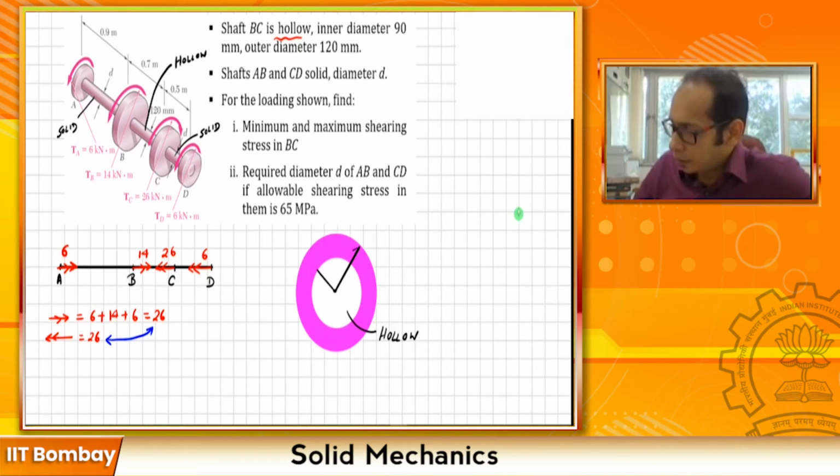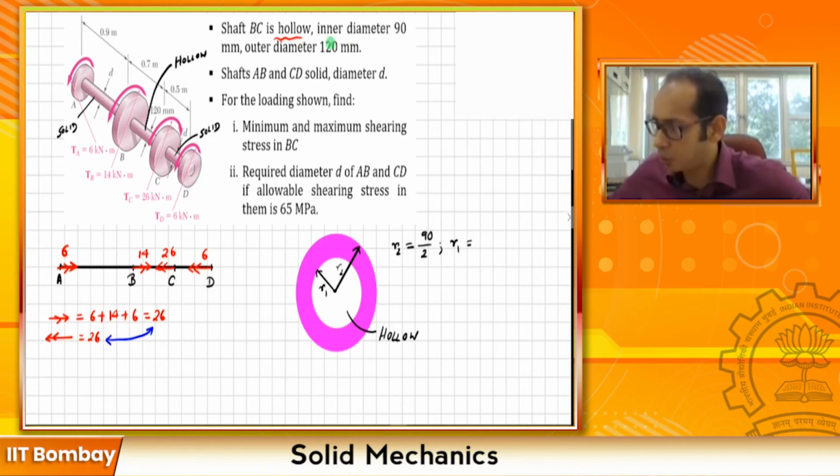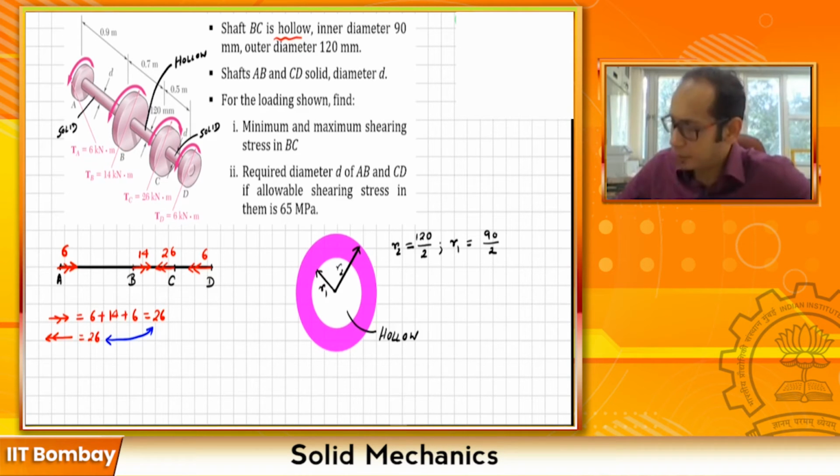Let me mark my outer radius as R2 and the inner radius as R1, where as per the question, my R2 is 90 divided by 2 because the outer diameter is 90, and your R1 comes out as, oh sorry, the outer diameter is 120, it's not 90, correct that, and R1 is 90 divided by 2.